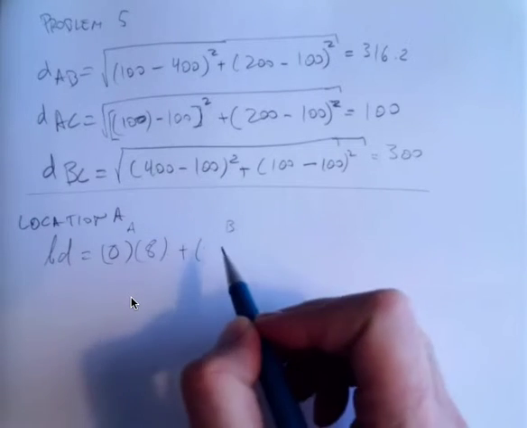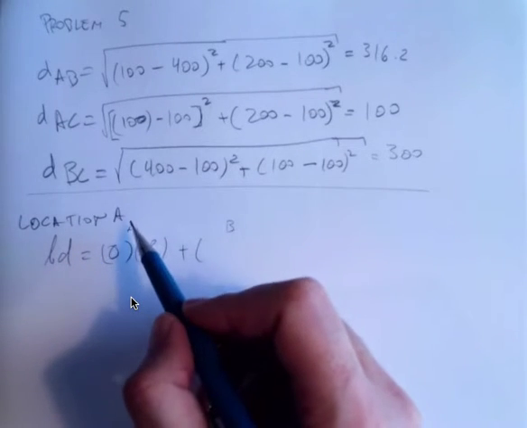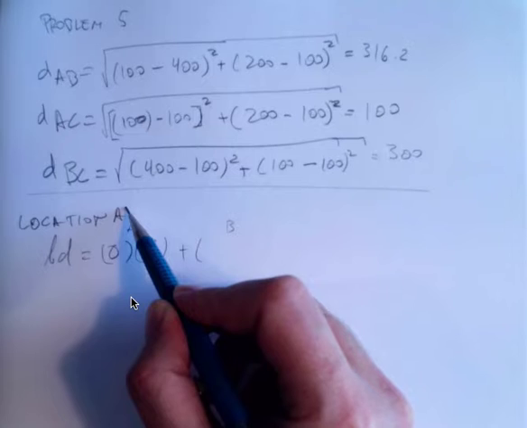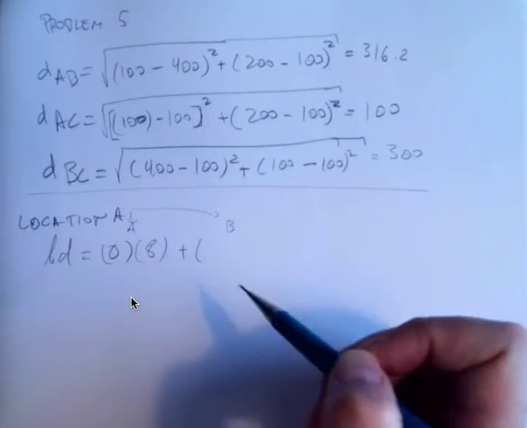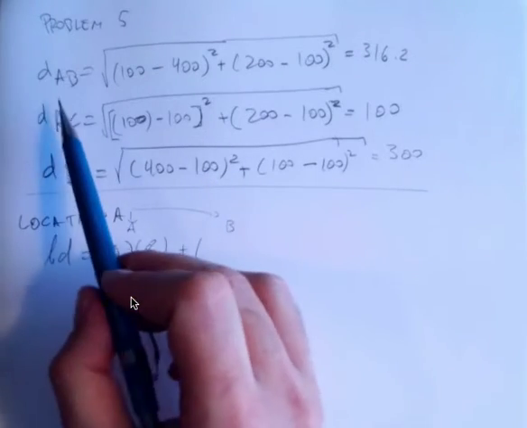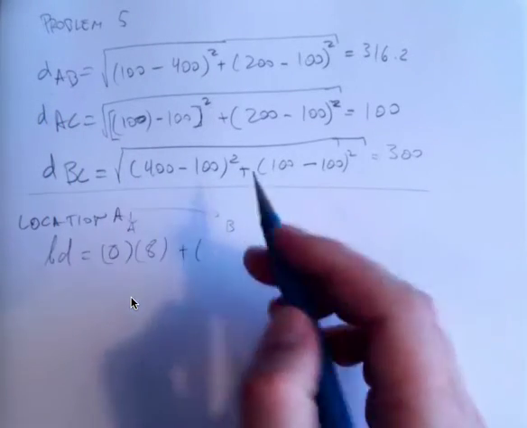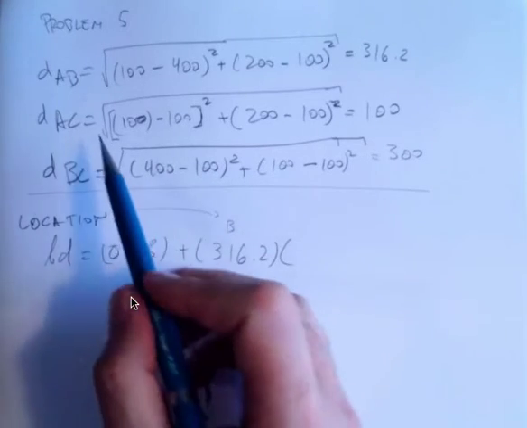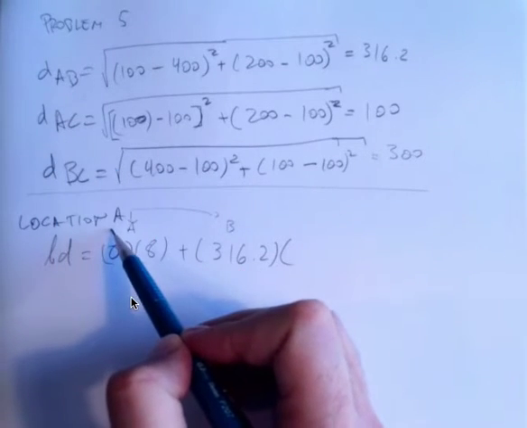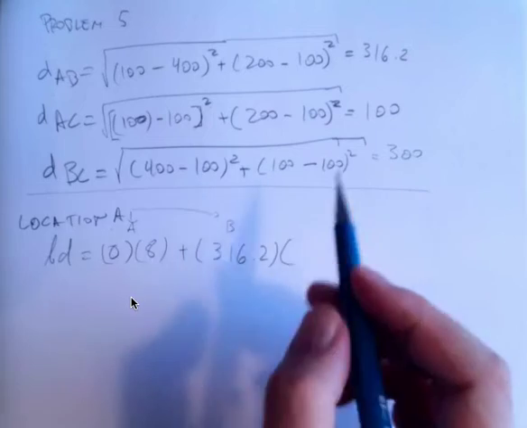Okay? 0 times 8 plus, now I need the distance between A and B. So if I have a plant in location A and I'm delivering in location B, the distance between A and B is 316.2. Okay, so that's having a plant here and delivering here.